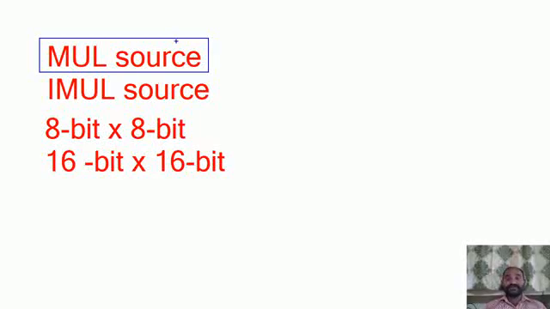Now the question is how the microprocessor decides whether to perform 8-bit multiplication or 16-bit multiplication. That purely depends on your source size. If you specify the source as an 8-bit number in the instruction, then the destination is going to be an 8-bit number.